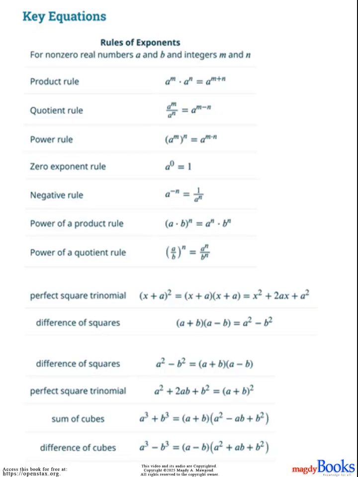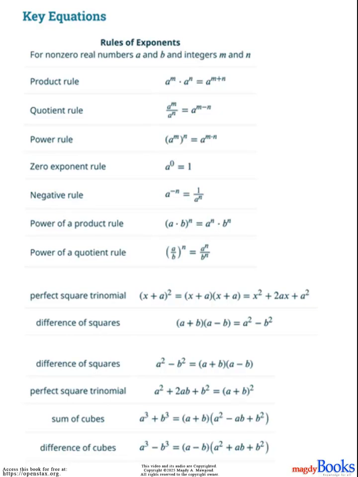Difference of squares. (a plus b) multiplied by (a minus b) equals a squared minus b squared. Difference of squares. a squared minus b squared equals (a plus b) multiplied by (a minus b).